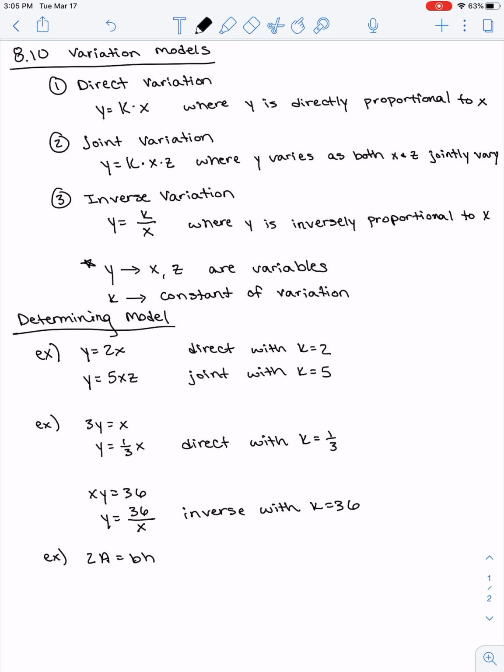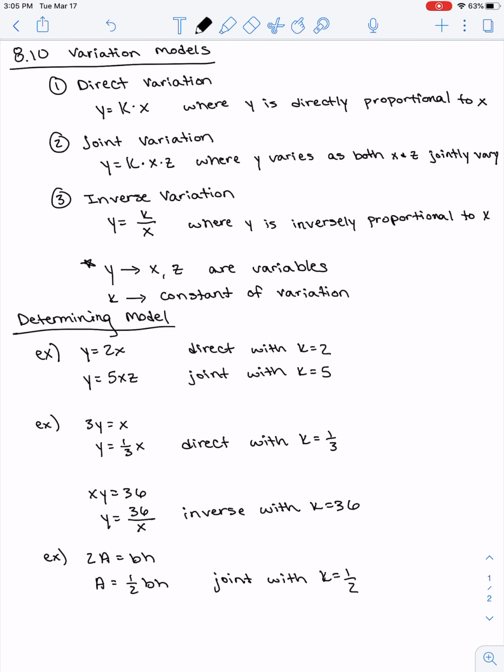So if I divide by 2, you get that area is equal to 1/2 base times height. Well, then you can see that the area of a triangle is a joint variation model between b and h. So we would say that this is a joint variation model with the k equal to 1/2. So the area of a triangle is dependent on both the base and the height, and that makes sense.